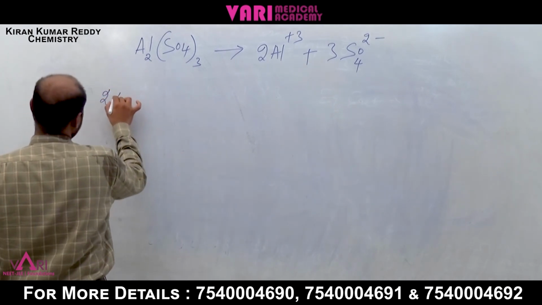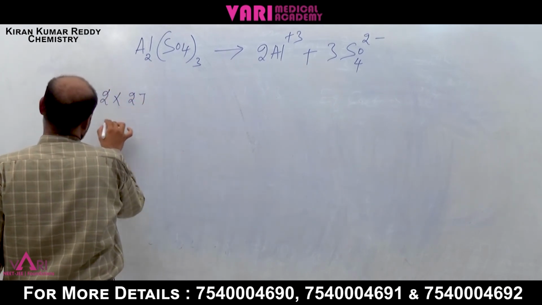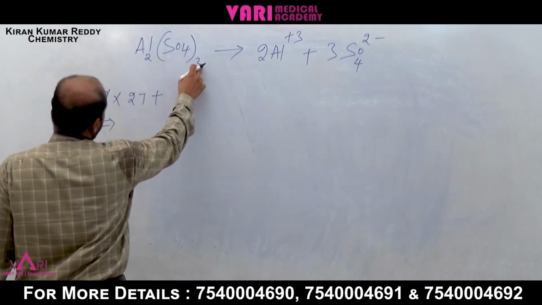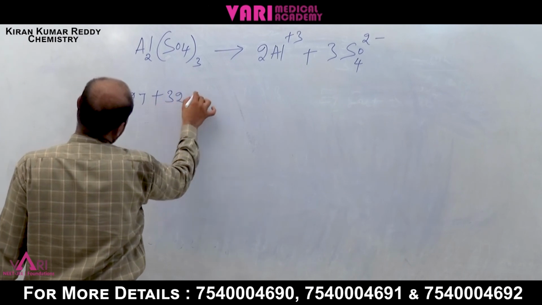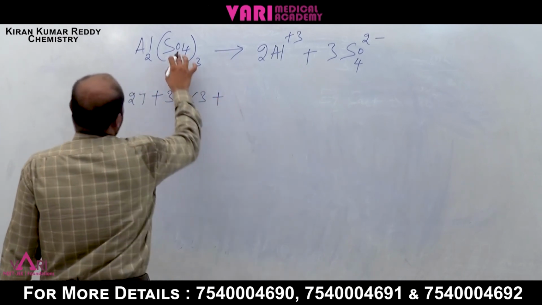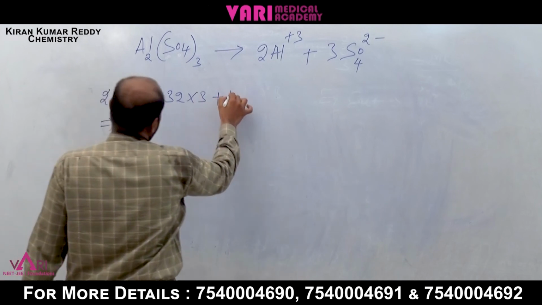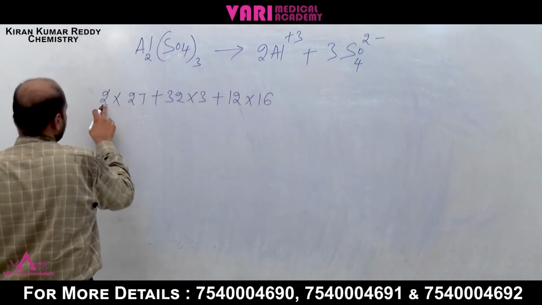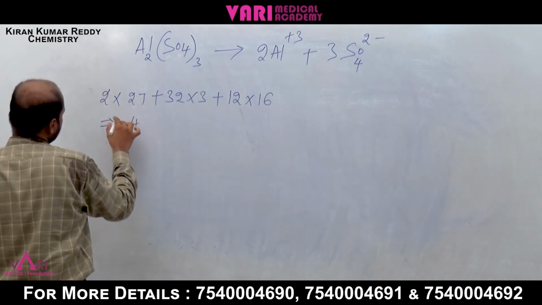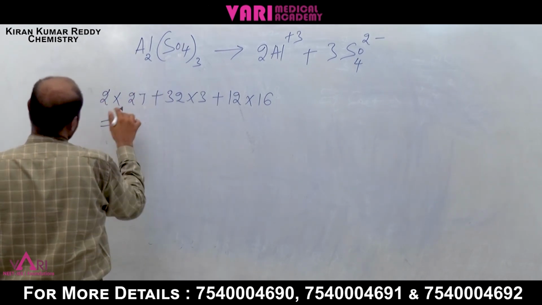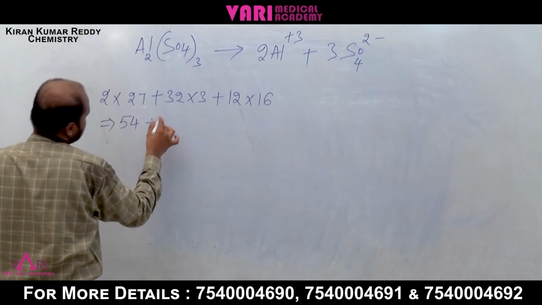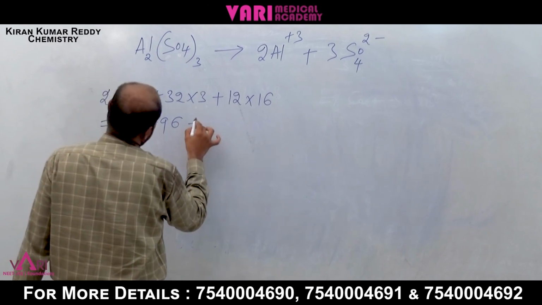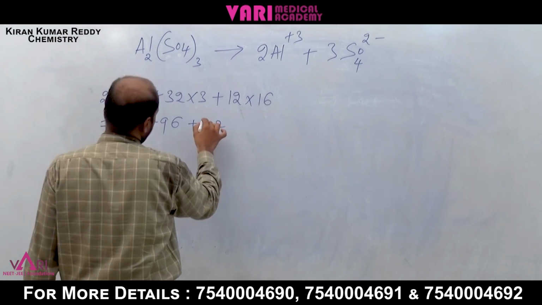Aluminium 2 into 27 is 54, plus sulfur 3 into 32 is 96, plus oxygen 12 into 16 is 192.